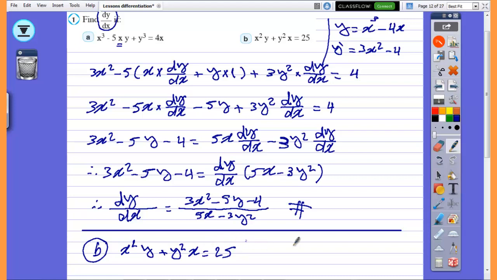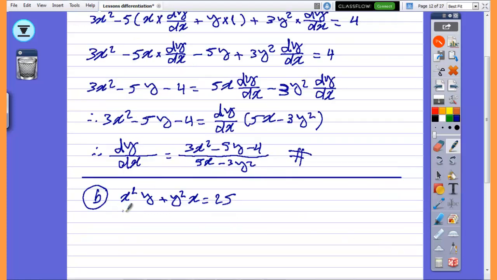How to find the dy dx? Don't forget that we have x square y. It is the product of two functions and the differentiation with respect to x. So by differentiating both sides with respect to x, what do we get?